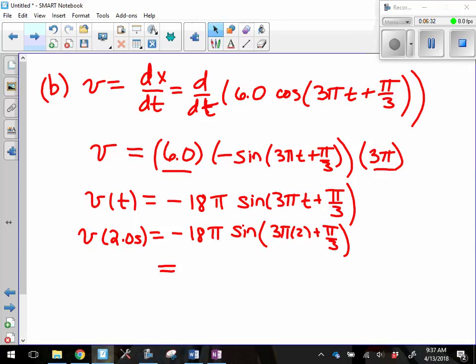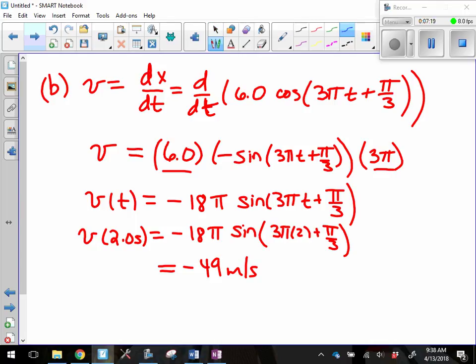I put it into a decimal, substituting in for the pi. And the units really are meters per second.